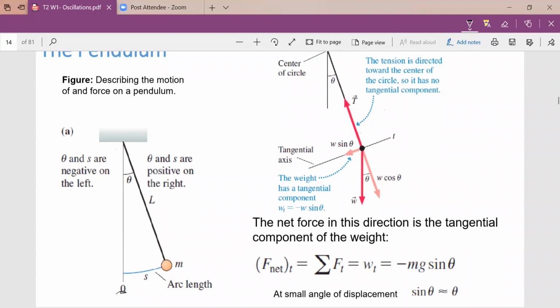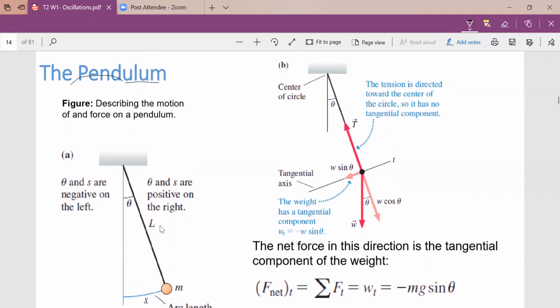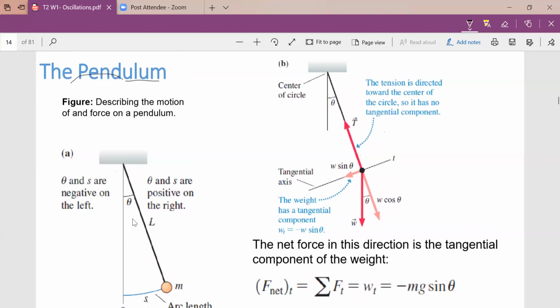So we tend to always put the right to have positive values first before we use the left part to complete the swing or the period T. So in describing simple harmonic motion for the pendulum, we have the arc length S. We have seen this before also in chapter 6. We'll have the arc length x, and we'll have the length of the rope, and then the angle it made to the center of that circle.